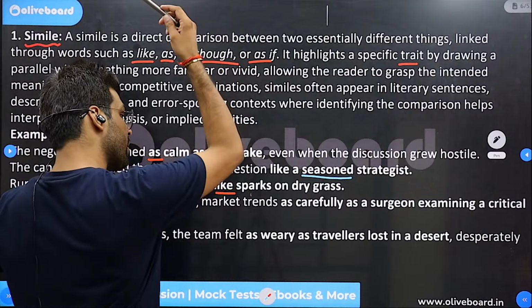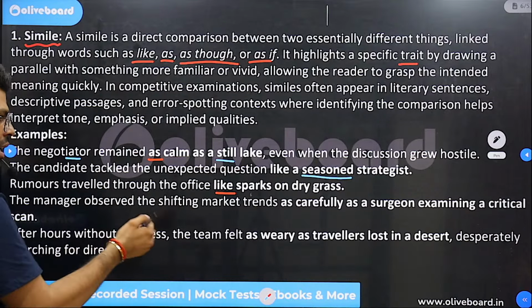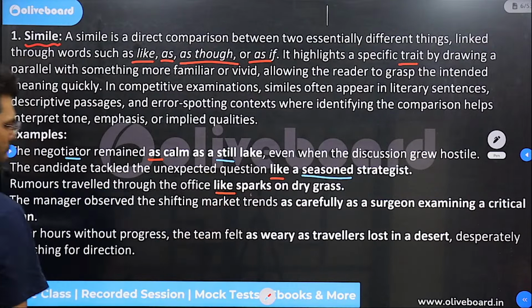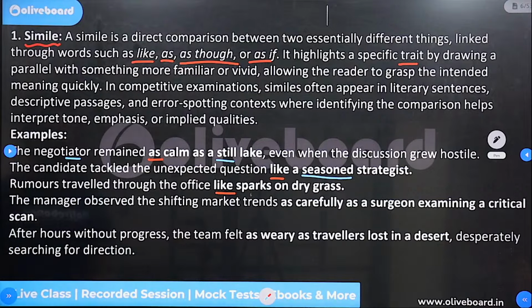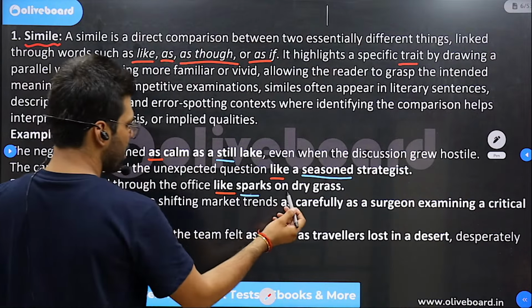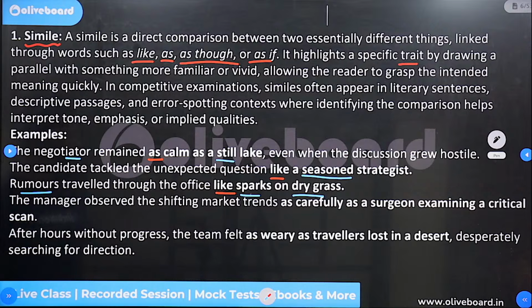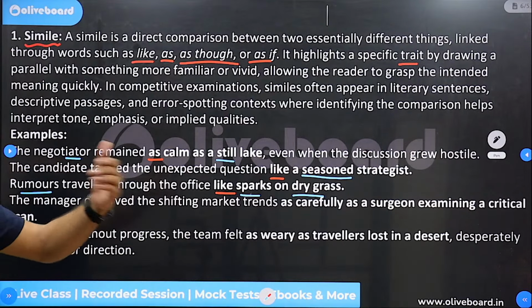He was not an experienced strategist, but you are still saying that. Like, simile. Rumors traveled through the office like sparks on dry grass. Rumors are an abstract noun, sparks on dry grass a concrete noun, but showing similarity. Simile. Exactly, as sweet as a melody.